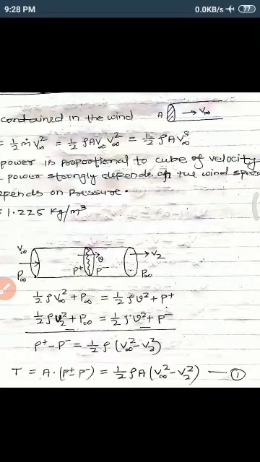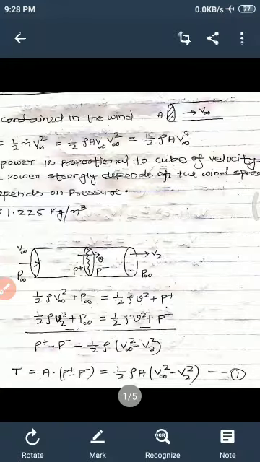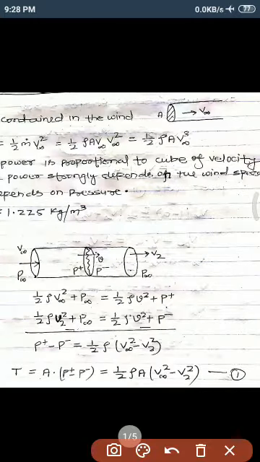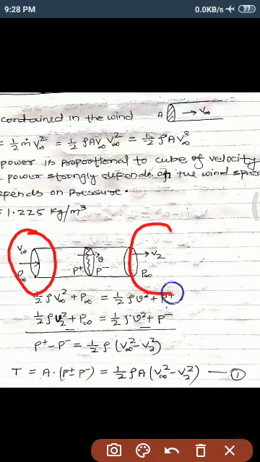The momentum changes when the wind passes from here to here. So, the total change in momentum can be calculated. Change in momentum occurs because the velocity is v infinite and becomes v2 here, meaning velocity reduced when the wind passes through the turbine.